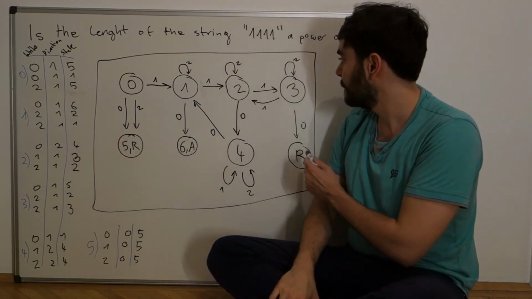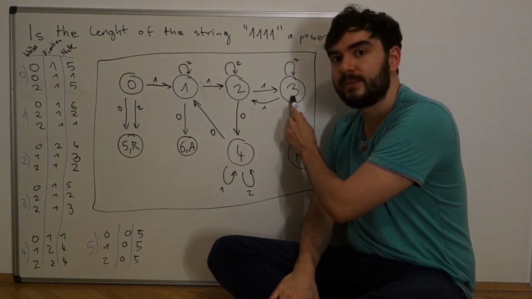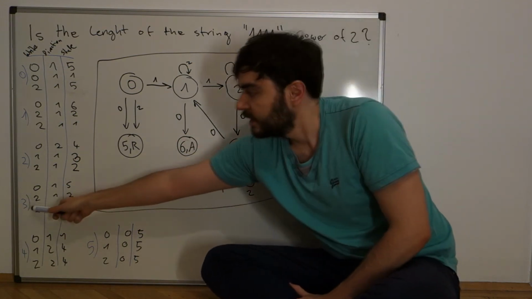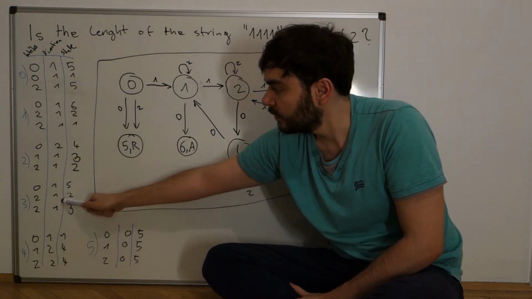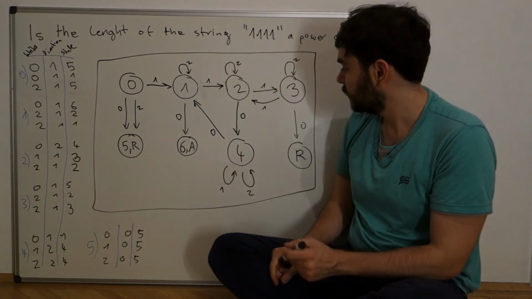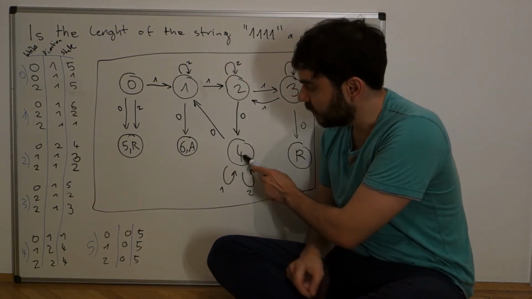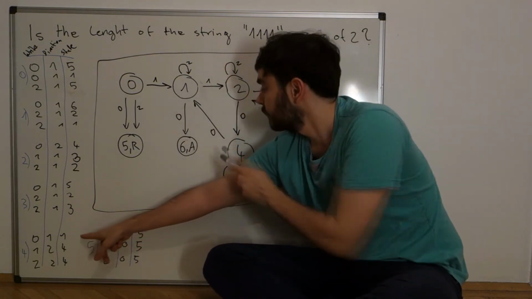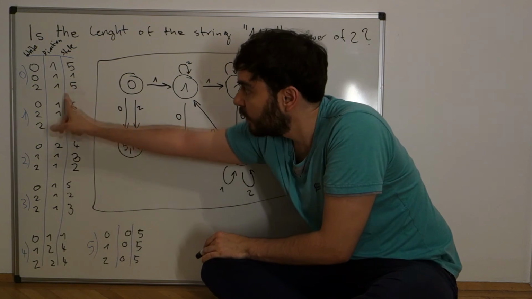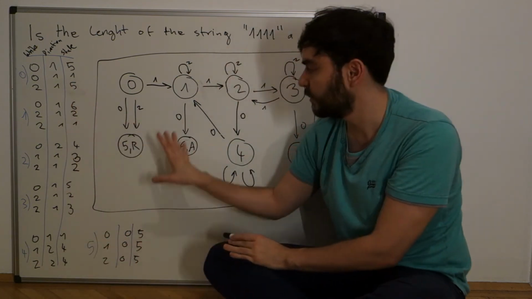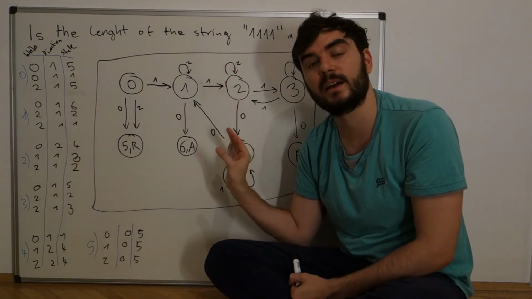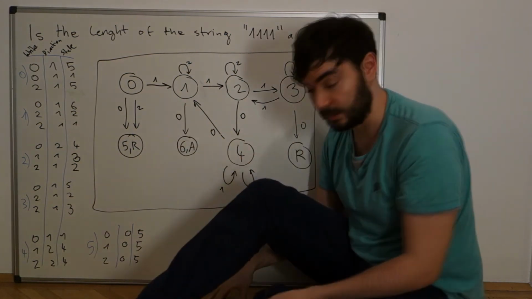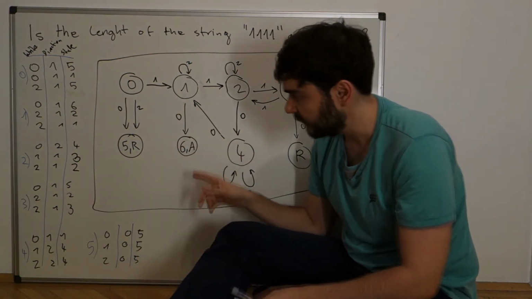Or if you are in state 3 and get a 1, you go back to 2, right? So that's state 3, given a 1, you go back to 2. Or state 4, given a 0, you go back to 1. So the third column here is just information that's also captured in this state diagram, and that's the same thing as with the finite state machines really.